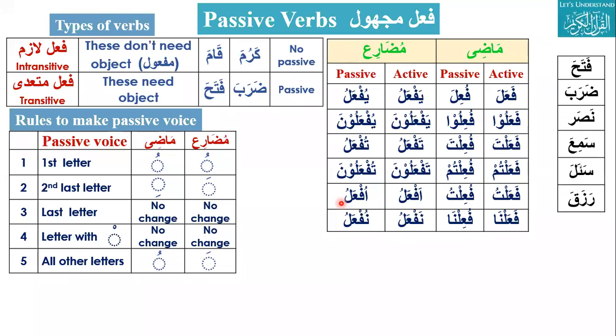Brother Iqbal Shahid, Samia. Assalamu alaikum. Welcome. Samia, Sumia, Sumi'u, Sumita, Sumitum, Sumitu, Sumi'na. Yasma'u, Yasma'una, Tasma'u, Tasma'una, Asma'u, Nasma'u. Usma'u, Nusma'u. And Sumia means he was heard. Yusma'u means he is heard, or he will be heard.